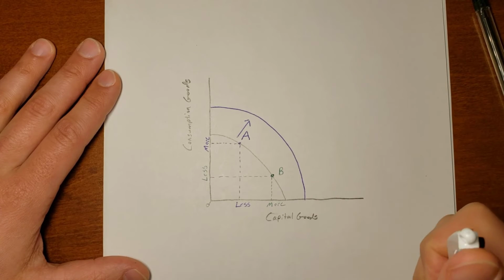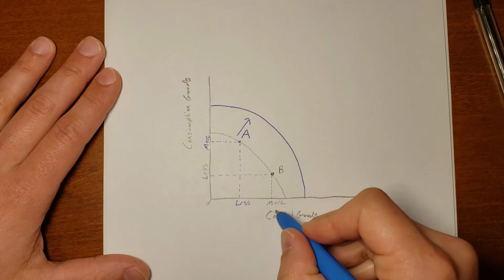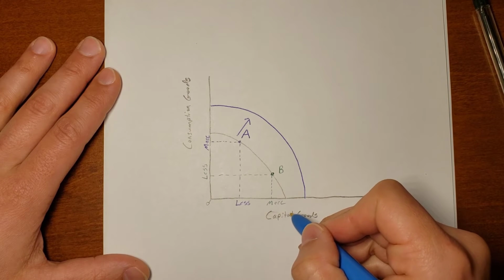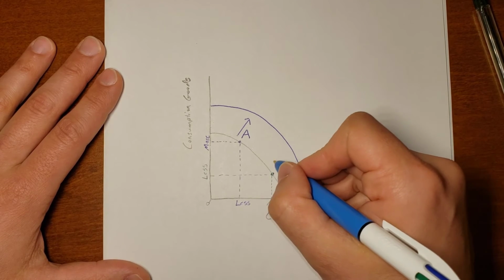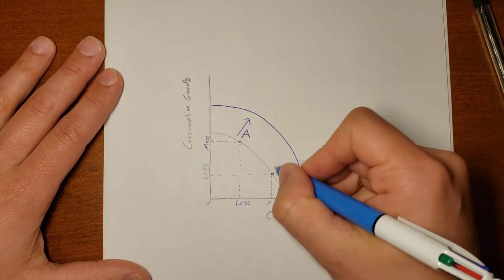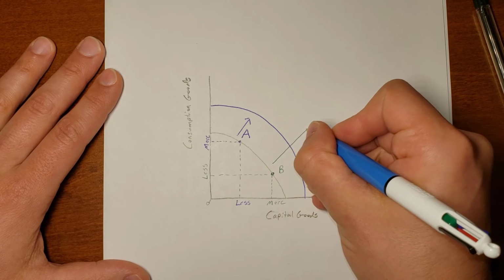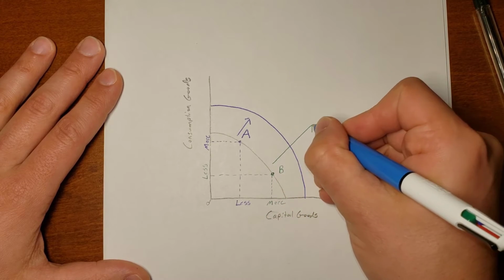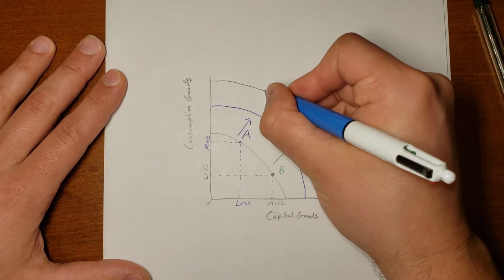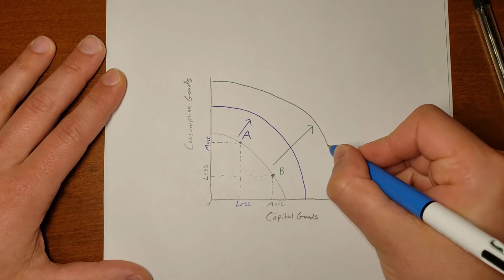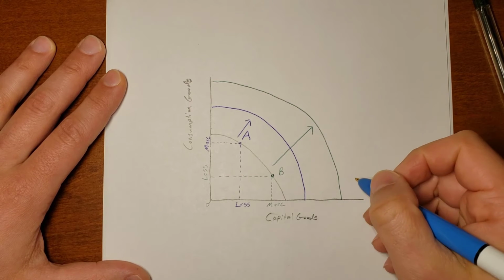But then if you compare economy A to economy B, because economy B was producing more capital goods, that is, more tools that are used in the production of goods and services, after a year of producing more capital goods, economy B can grow even further. And their production possibilities have actually increased beyond that of economy A, right?